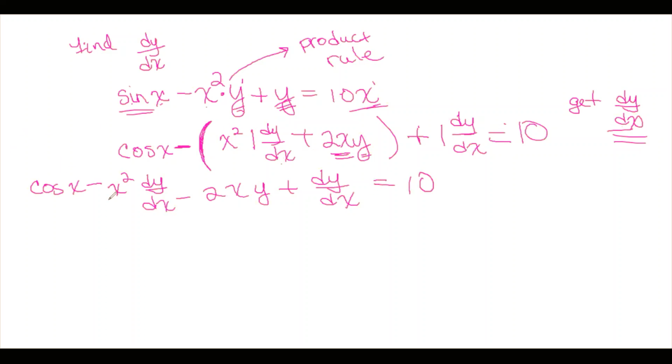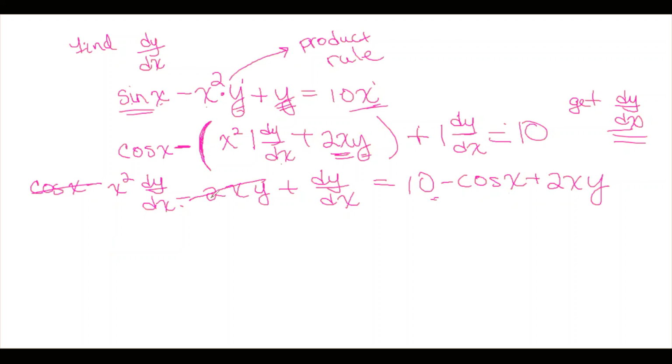So I want to move all the non-dy/dx terms over to the other side. So I'll minus cosine x, and because it's a negative 2xy, I'll plus 2xy.